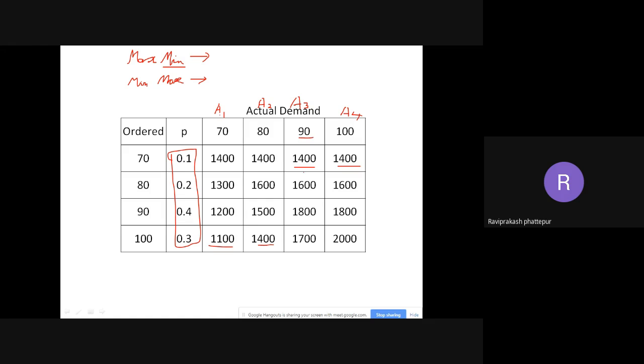In 90, see which is the lowest value: 1400 into 0.1, write that value. Then again 1400 into 0.1, write that value. Out of those minimum values, which is the maximum? That is the answer. So try. The probabilities are different here. Multiply the values with the probability, then find the maximum value.